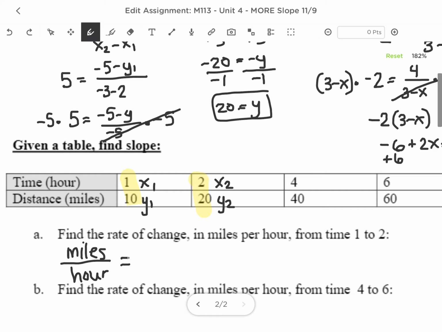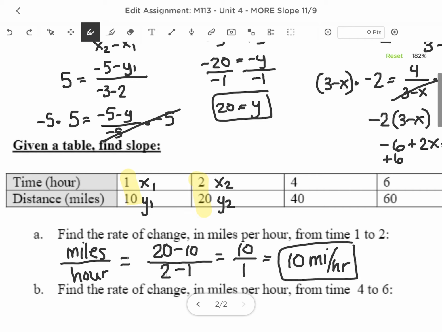So my change in miles is 20 minus 10 divided by my change in time, which is 2 minus 1. 10 over 1. So my rate of change is 10 miles per hour. Okay, so that rate of change is also like a speed limit if you want to think of that.